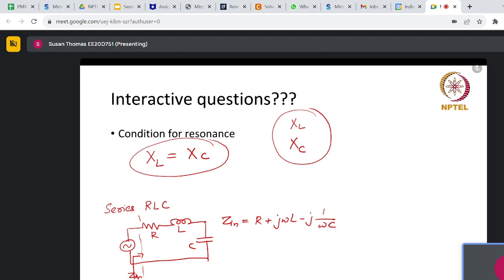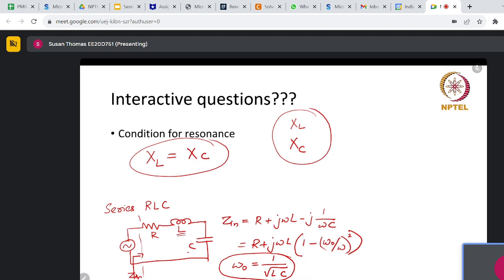If I try to simplify this, it comes to be R plus j omega L into 1 minus omega naught by omega the whole squared. Something to note here is that omega naught is 1 by root LC. So this is the resonant frequency, omega naught, the angular frequency. It depends on the L and C connected here.